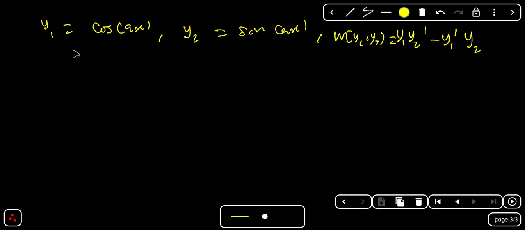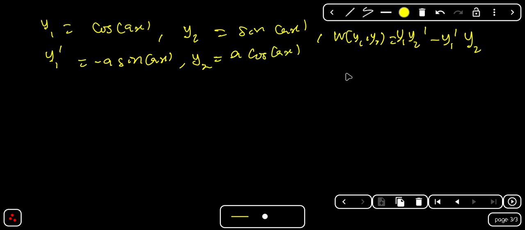Now the first thing we're going to do is to find the derivatives. We differentiate with respect to x. Differentiating cos ax gives negative a sine ax, and differentiating sine ax gives a cos ax.